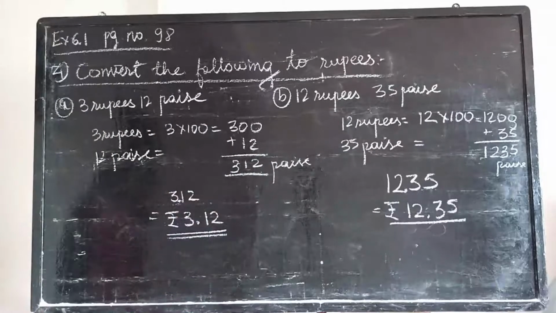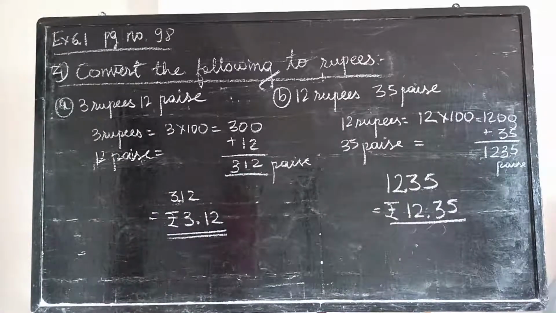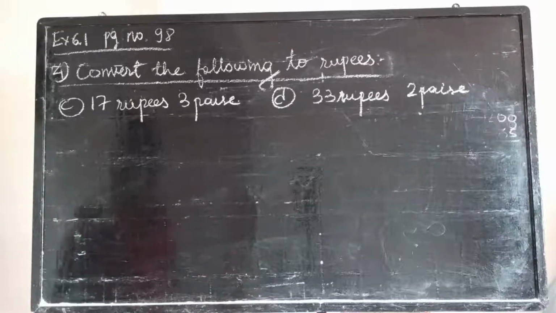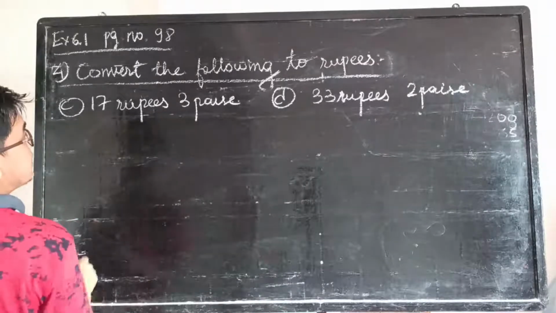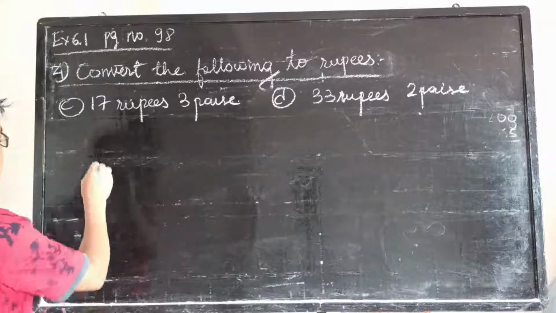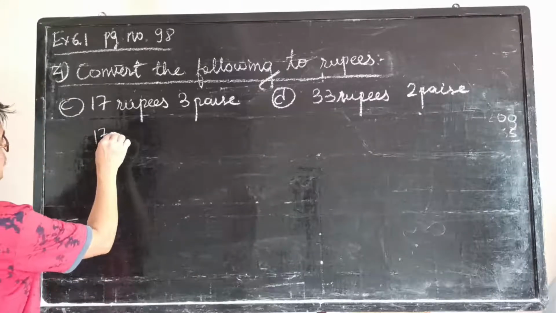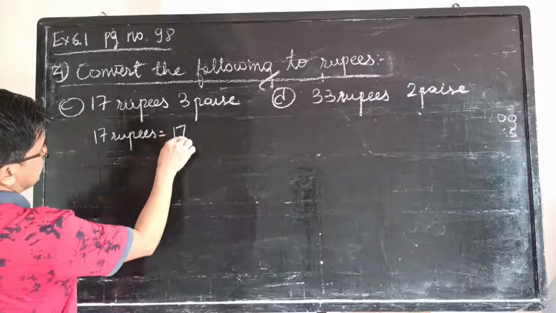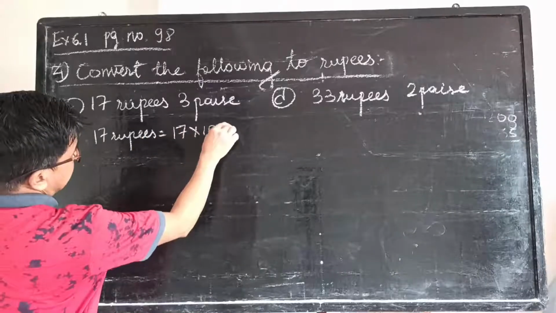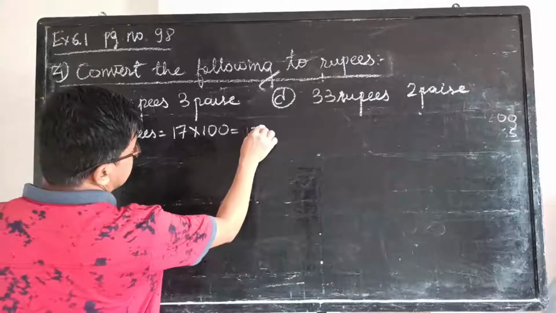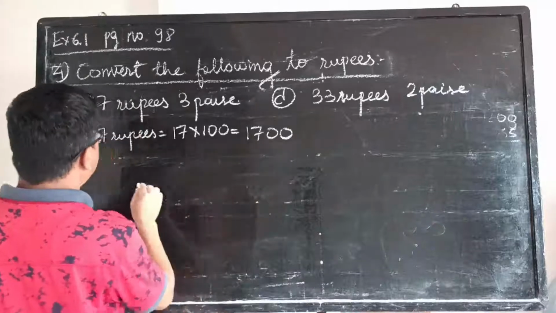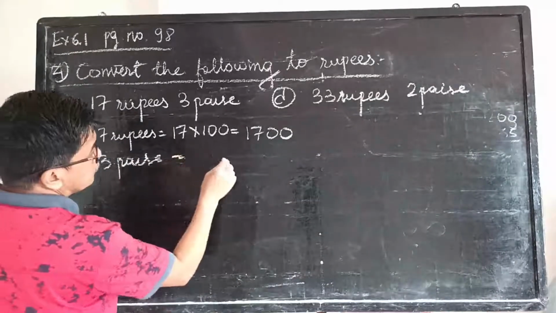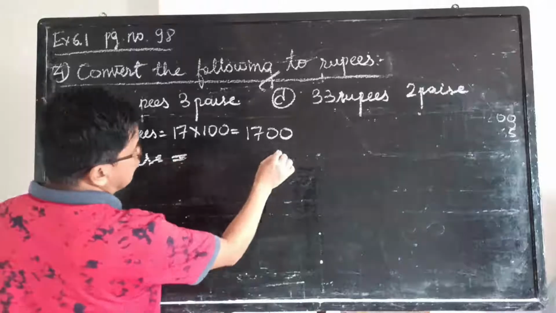Now we do C and D. Now look at question C. 17 rupees 3 paise into rupees. Now 17 rupees, convert this into paise. Is equal to 17 into 100 is equal to 1700, and 3 paise is equal to 3.